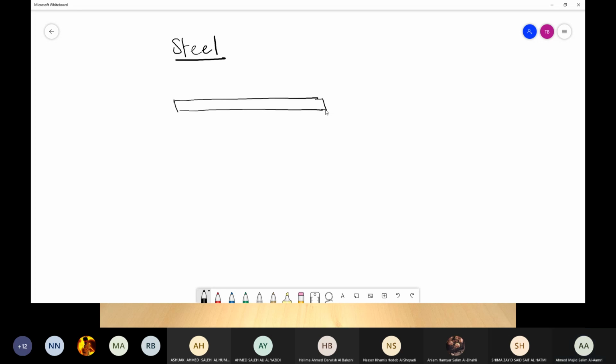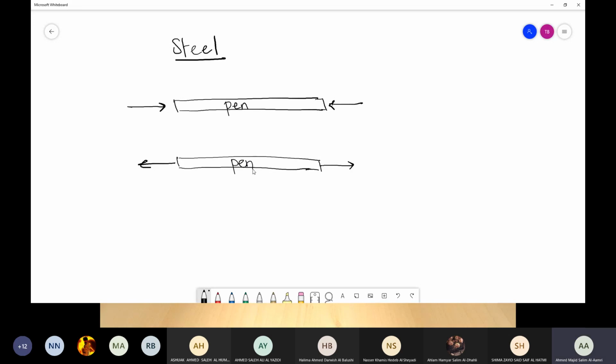Now, if I'm trying to apply compression, assuming this is one pen, a single pen, will anything happen to it?